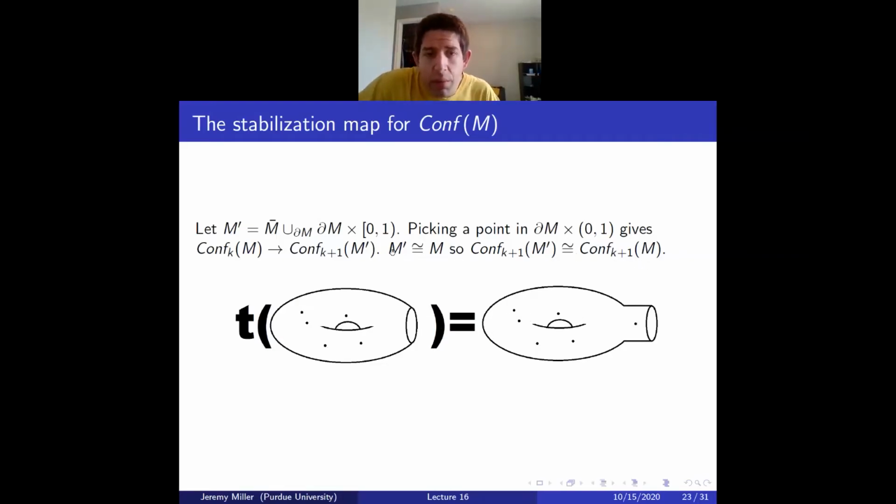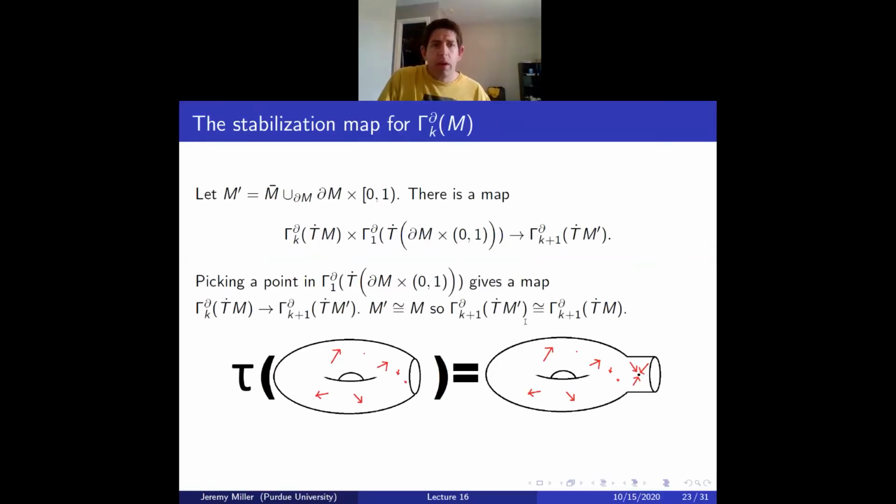Then the manifold with a collar attached you can identify with the original manifold, since you can apply some homeomorphism, and that has the effect of pushing all the points away from the boundary by a little bit. Okay, and we can pick a compatible stabilization map on the space of sections.